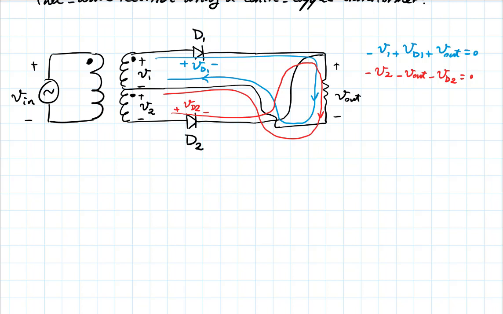So if V1 is positive and V2 is positive, the first equation will give you V out equal V1 if the diode is on, VD1 is 0. The second equation will give you VD2 equals minus V2 minus V out.